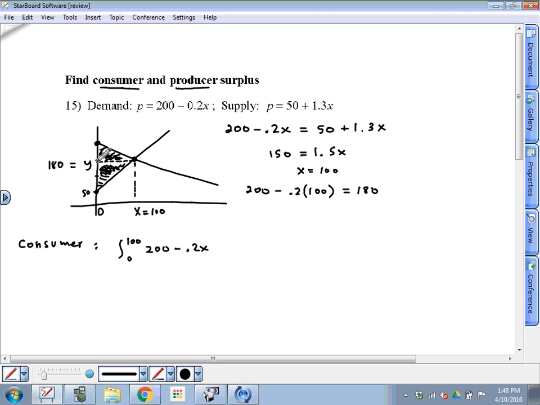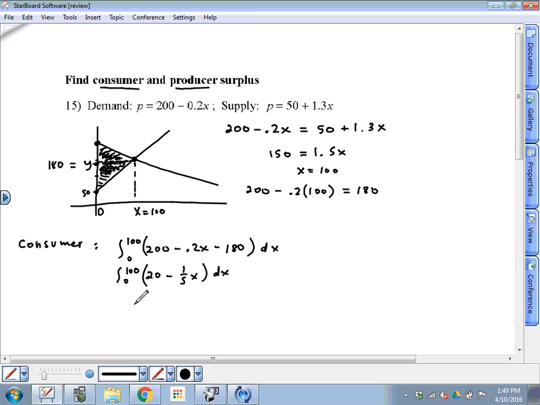Let me subtract the bottom function, which is the y value of our equilibrium point, 180. 200 minus 180 is 20, so we're going to integrate from 0 to 100 of 20 minus, now instead of 0.2, I'm going to call that 1/5 x dx.